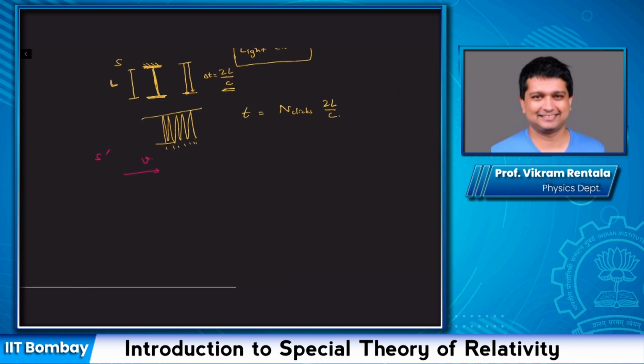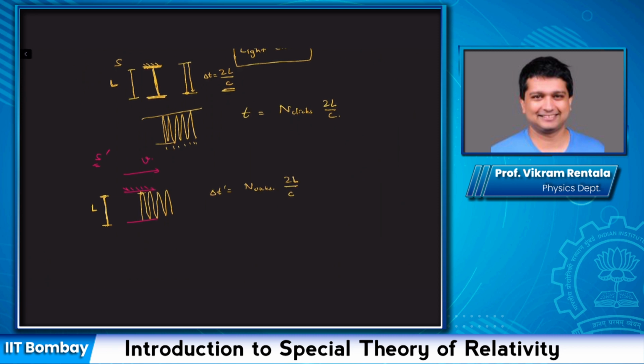So now let's suppose S prime is also carrying a clock with them, which is also a light clock. And so they send light beams up and down. And let's suppose that the length L that they have is the same in the rest frame of the train. And again, the time that they measure on their clock would be the number of clicks that they see times 2L by c.